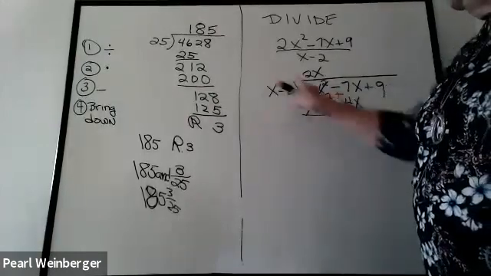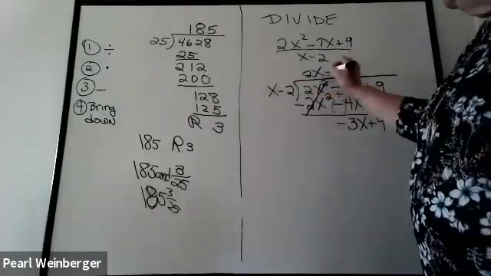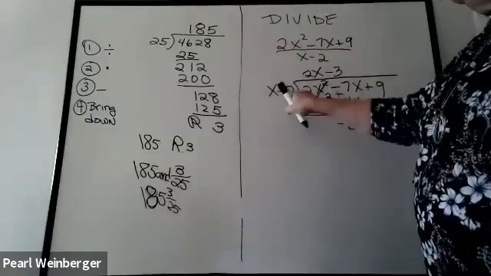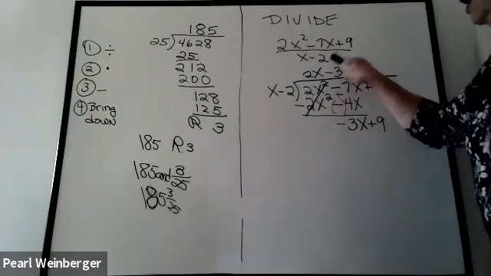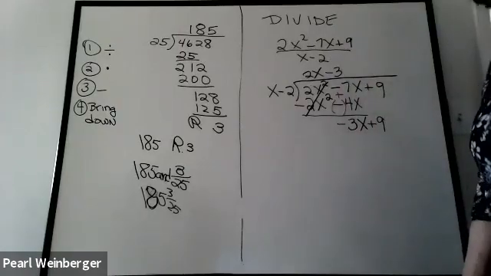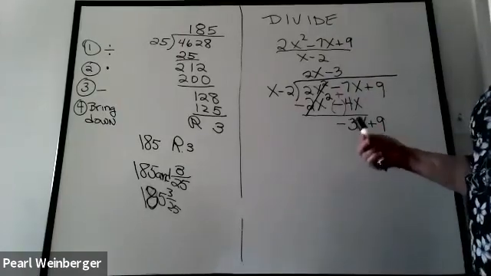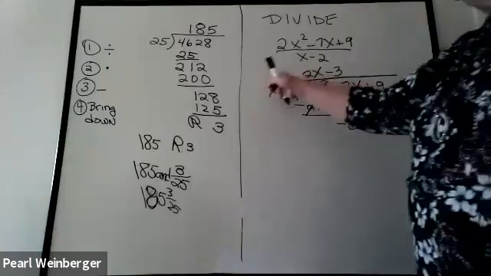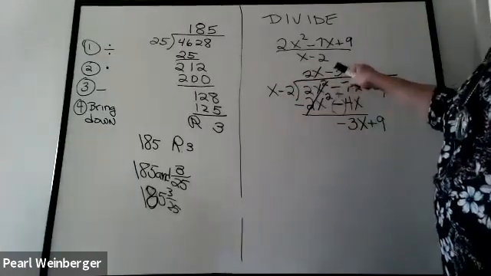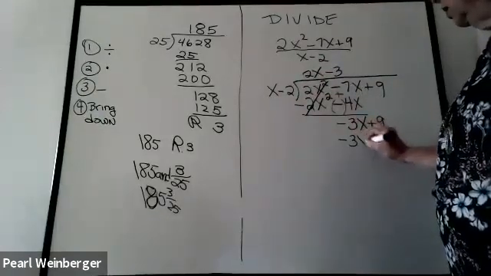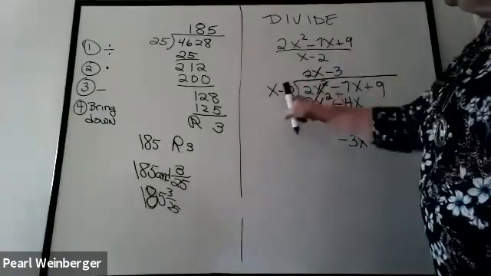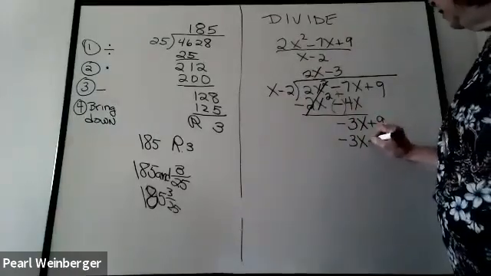So this is a 1 that divides into -3, gives me -3. Remember, the x's cancel out. So what I get on top is -3. I now take what I put on top and multiply it by the whole divisor. -3 times x is -3x. -3 times -2 is +6.